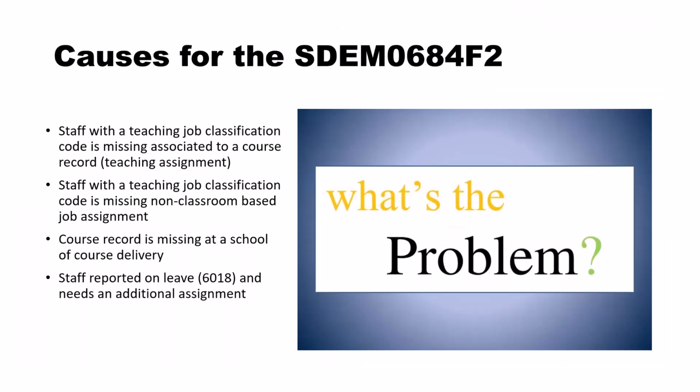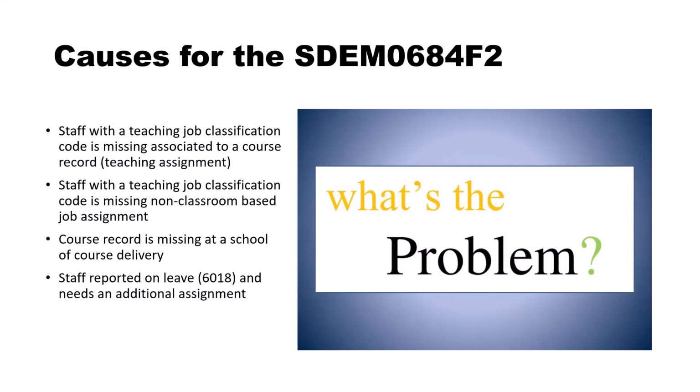All right, so what are the causes for the SDEM 0684F2? Staff with a teaching job classification code is missing an associated course record, the teaching assignment. So we identify the teacher with the job classification code of 12, 26, or 27, and they do not have a course record.